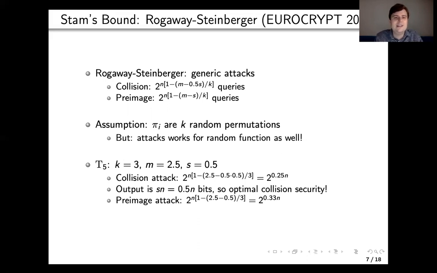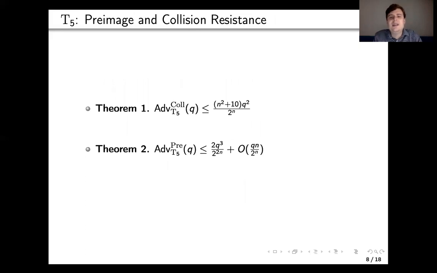Now, of course, this is a result that we will need to prove for the construction that we're providing here for T5. And that is something that we do in the paper. So as we show, the collision security is actually not just a result that we know cannot be better than 2 to the power n over 2 because of the birthday attack and also because of the attack that was shown in the previous slide.